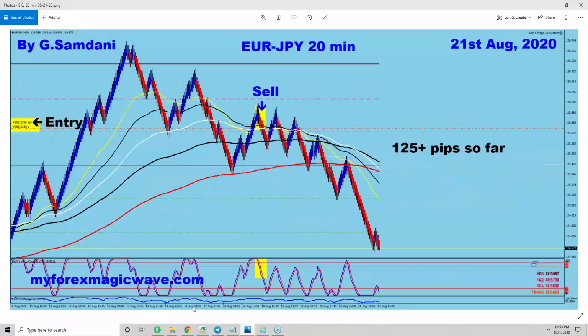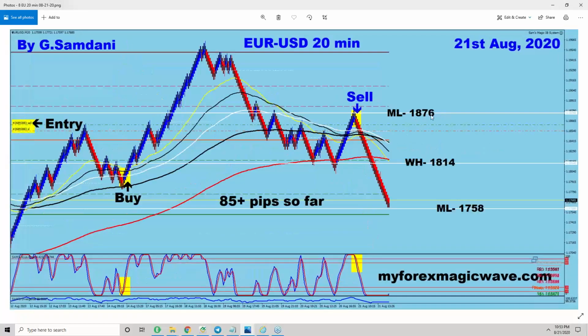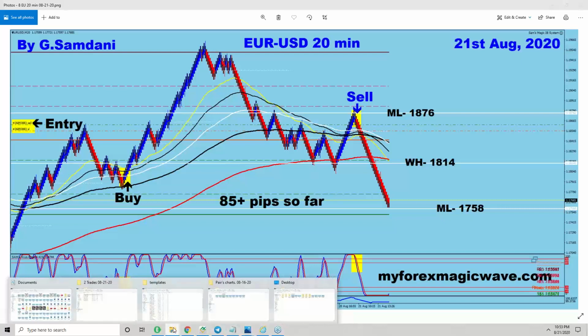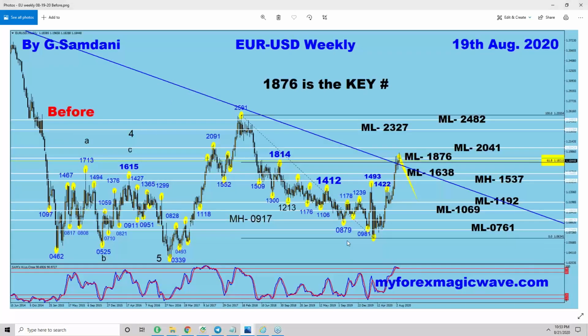Look at my trade of the Euro USD, 1876. That's what I said, right? Where did it go? The chart says 1876 is the key number.